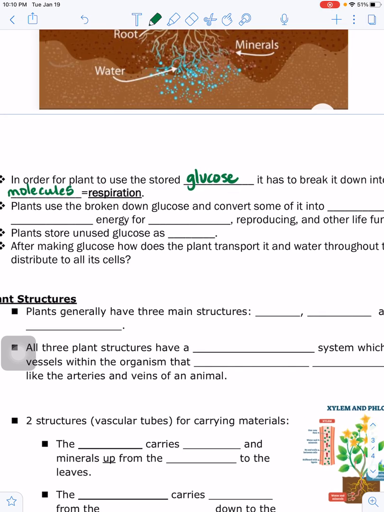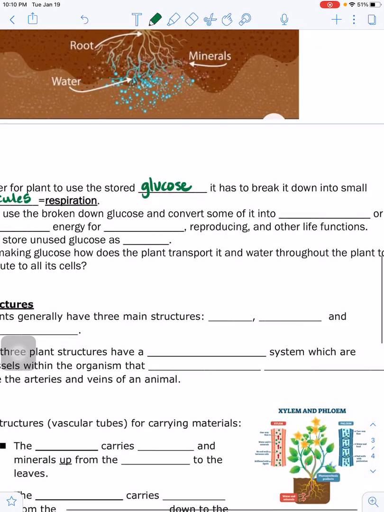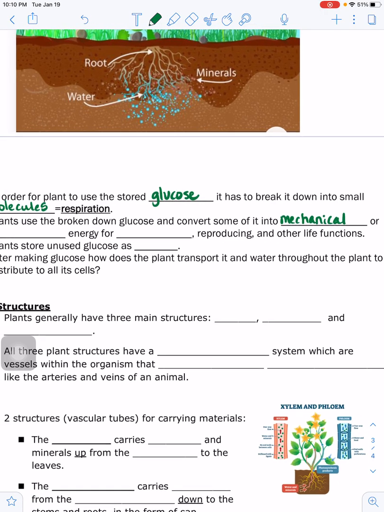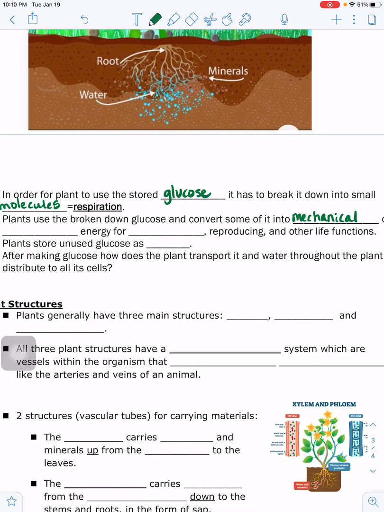Plants use the broken down glucose and convert some of it into mechanical or thermal energy. So mechanical would be for its growing, and thermal for its heat.